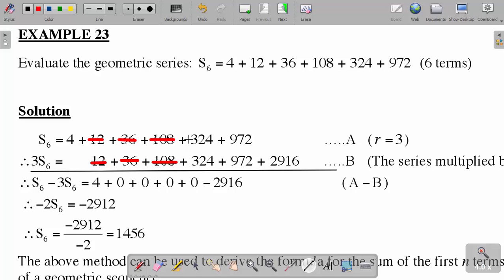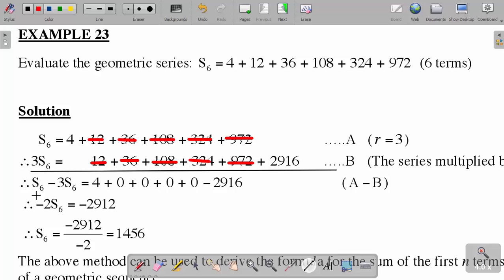And then 324 minus 324, I also get 0. Until 972 minus 972, which is 0. So I'm left with actually 4 minus 2916. So it means I'm going to have 4 plus 0 plus 0 plus 0 plus 0, then minus 2916. So 4 minus 2916, I get negative 2912.